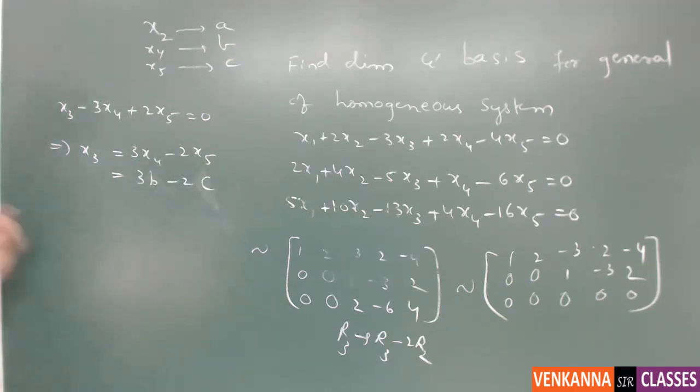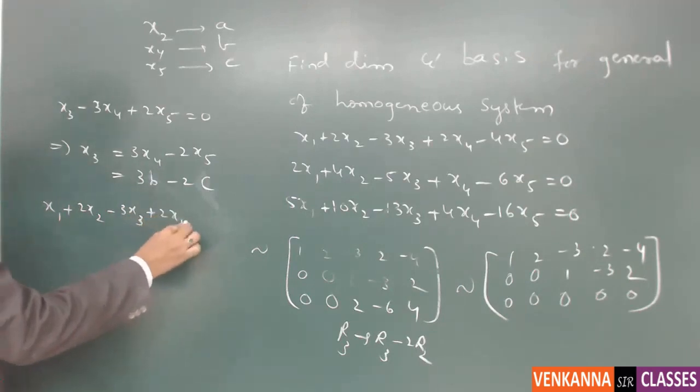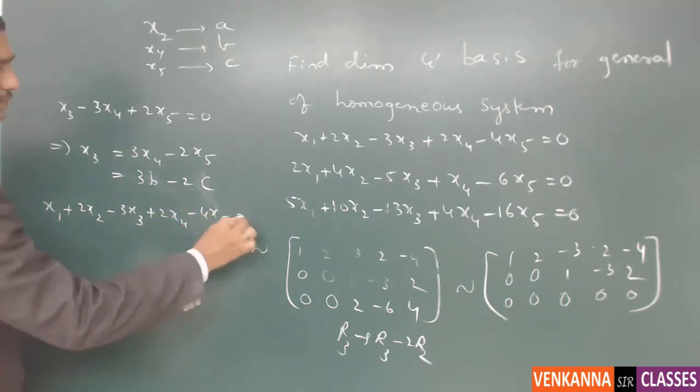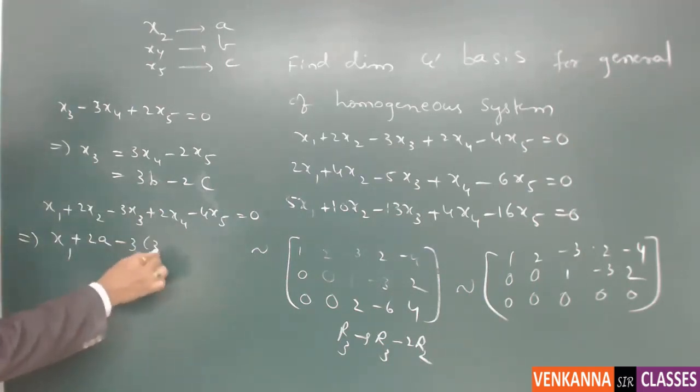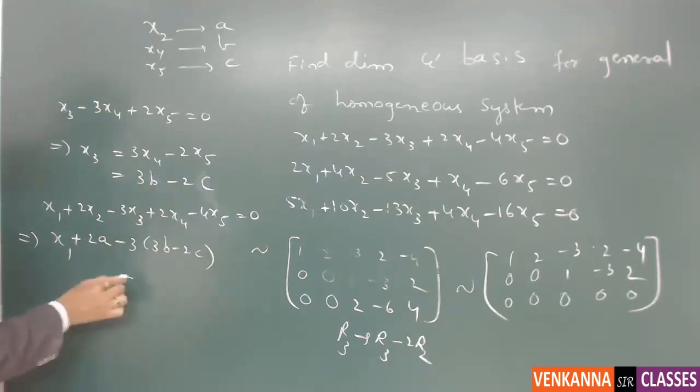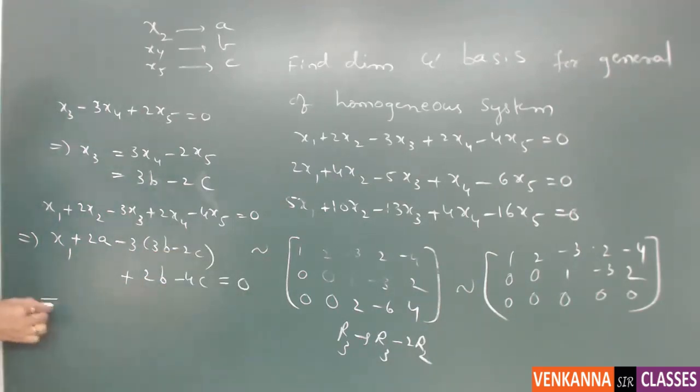From that equation, x3 minus 3x4 plus 2x5 equal to 0. This implies x3 is equal to 3x4 minus 2x5, that is, 3b minus 2c. Substituting the values in the first, x1 plus 2x2 minus 3x3 plus 2x4 minus 4x5 equal to 0. This implies x1 plus 2a minus 3 into (3b minus 2c) plus 2b minus 4c equal to 0.